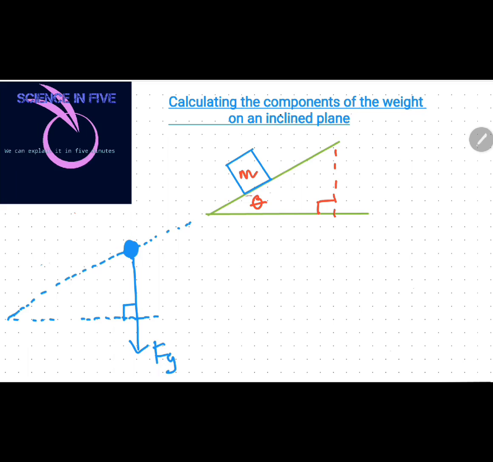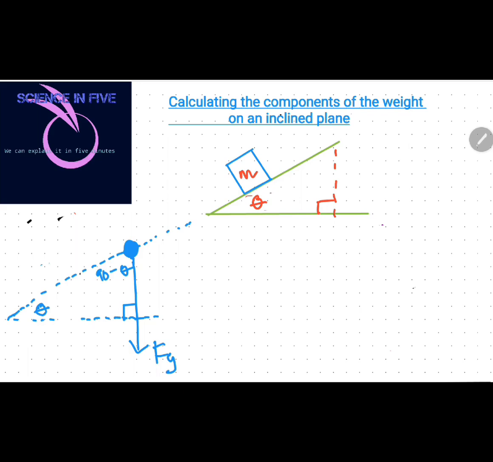Okay, this angle here is the same angle there, that's angle theta. This angle here is going to be 90 minus theta. Let's just make sure that it's clear. It's 90 minus theta.